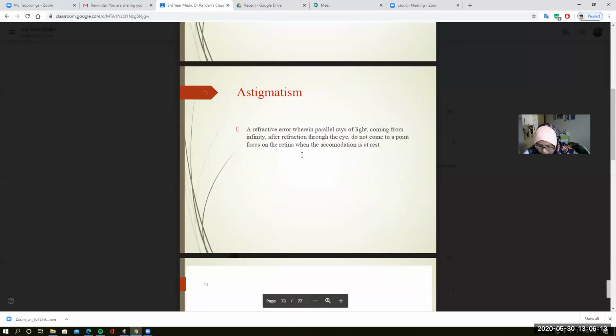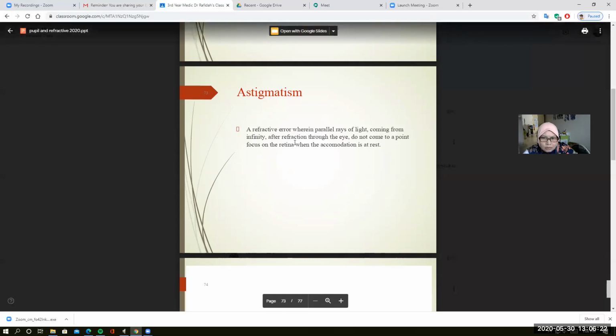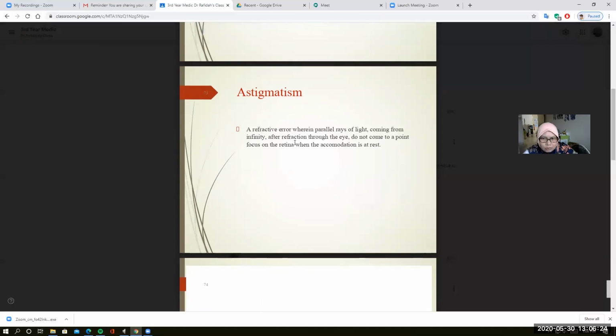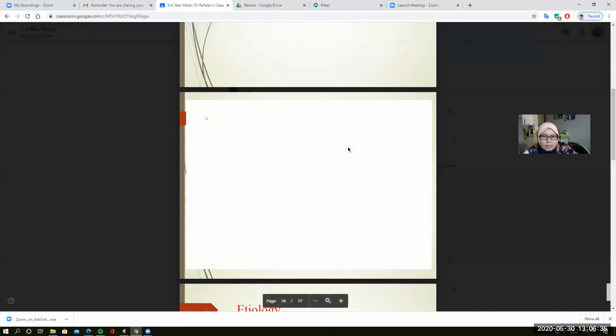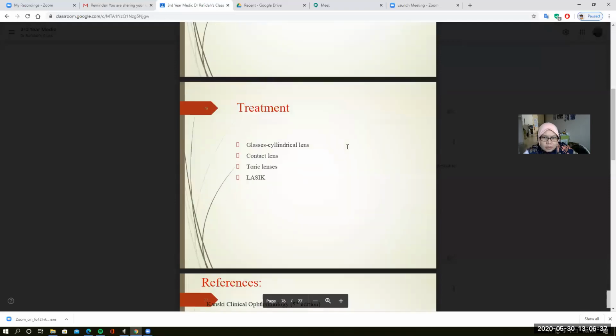Okay, the final type of refractive error is astigmatism, whereby it does not come to a point of focus on the retina at all. A refractive error wherein parallel rays of light coming from infinity after refraction through the eye do not come to a point focus on the retina. Okay, where's the picture?